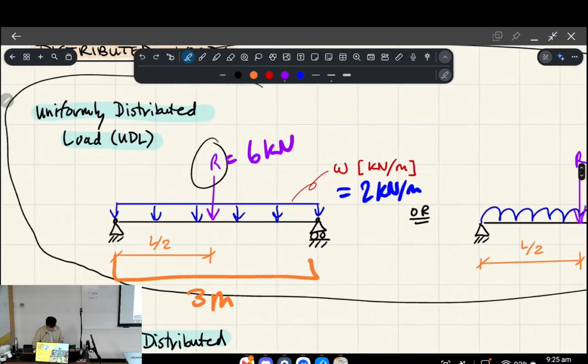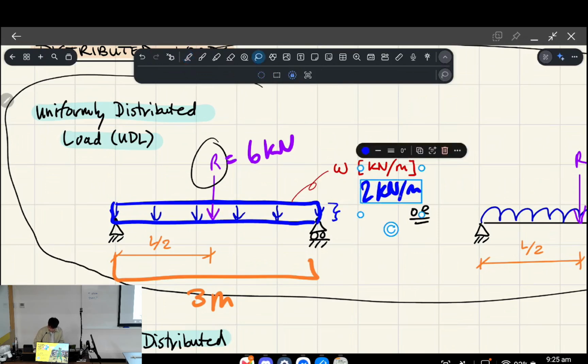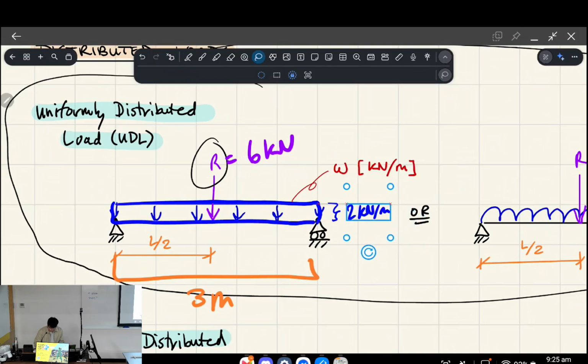And essentially, if you think about it geometrically, you can think of a uniformly distributed load as a rectangle, like so, where the height of the rectangle is represented by the magnitude of the distributed load, if that makes sense.